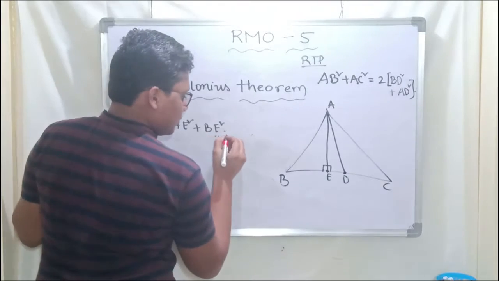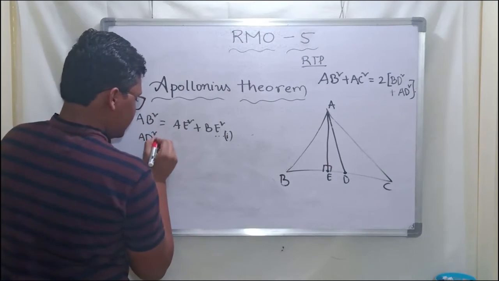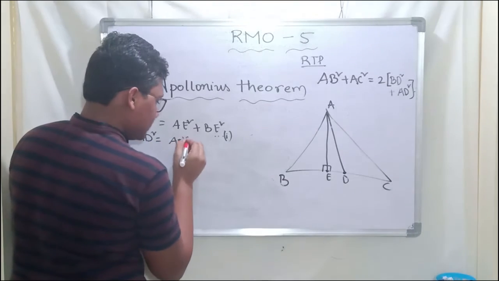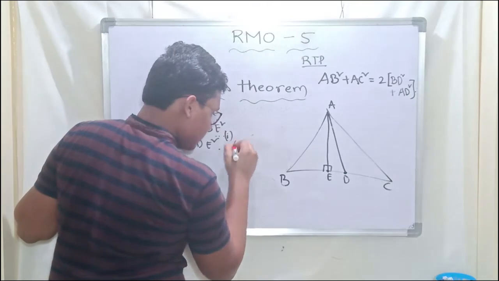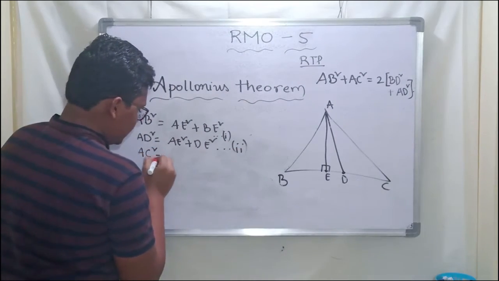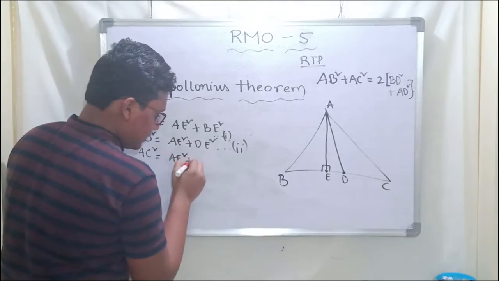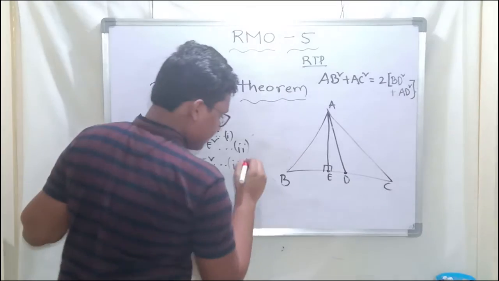Equation 2: AD square is equal to AE square plus DE square. And equation 3: AC square is equal to AE square plus CE square.